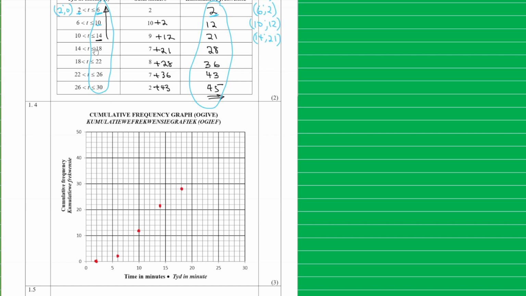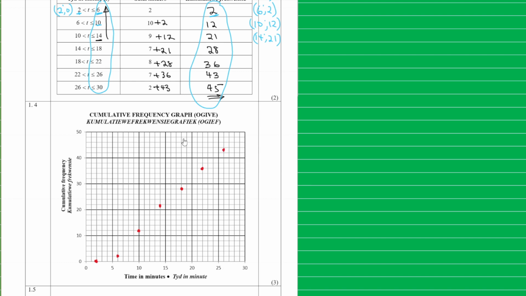And then 22 with 36, 22 for 36, 30, this 22, 2, 4, 6, that is 36 there. And then 26 for 43, 26, 43, 42, 43 is there.